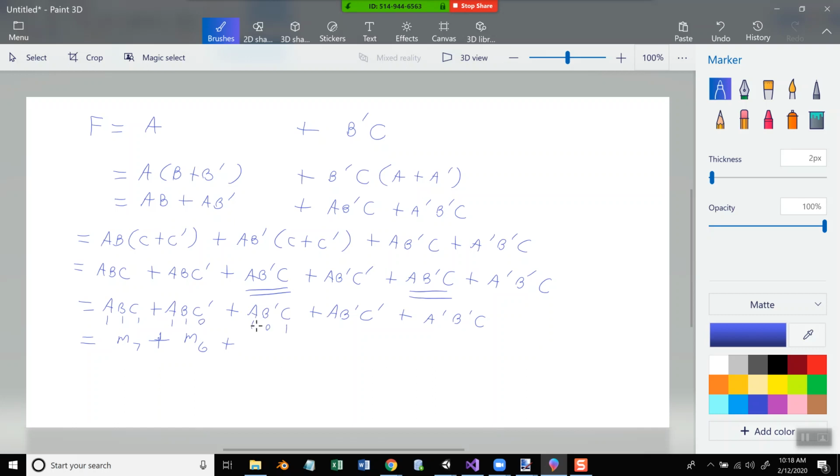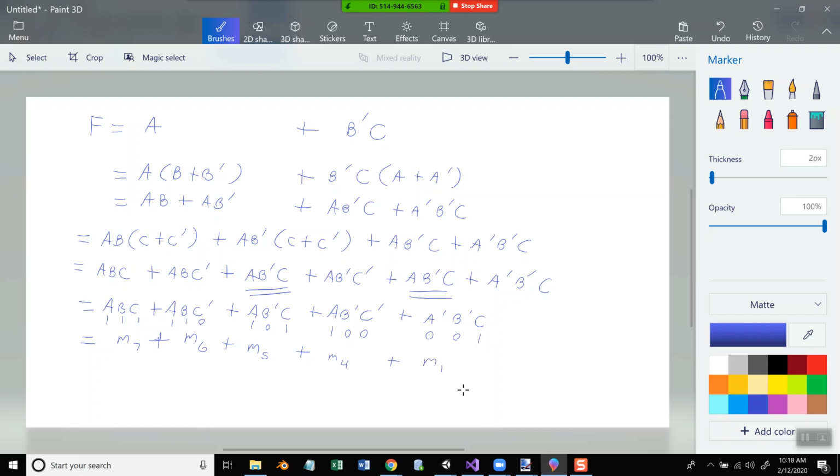That's 4 plus 1 is 5. On this one, we got 1, 0, 0. That would be 4. This would be 0, 0, 1. This is 2 to the 0, which is 1.